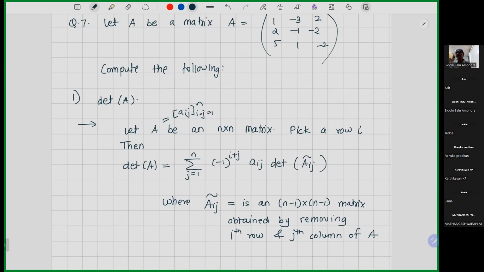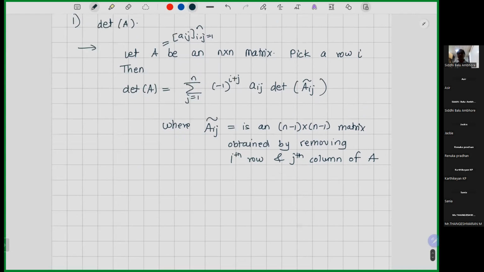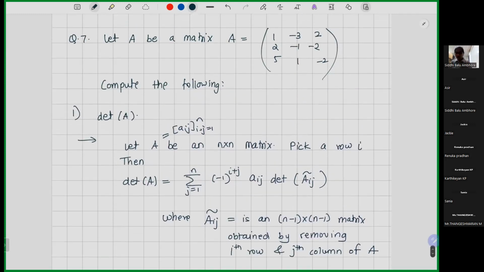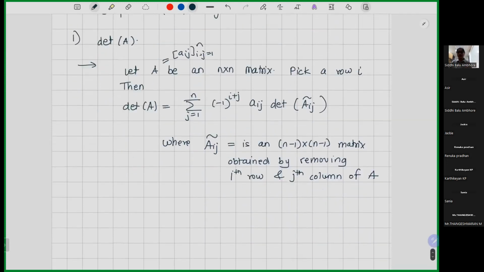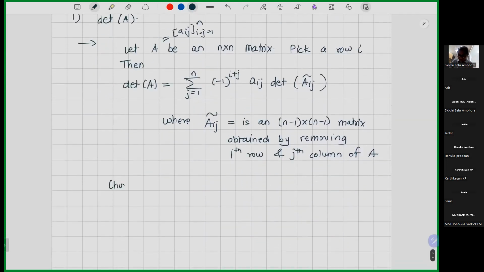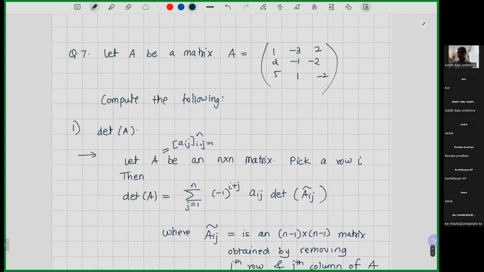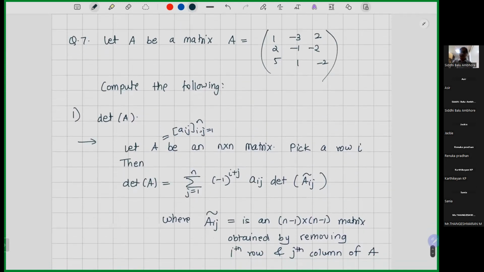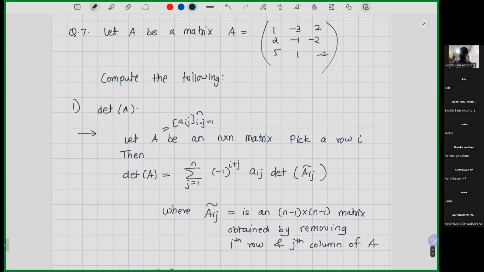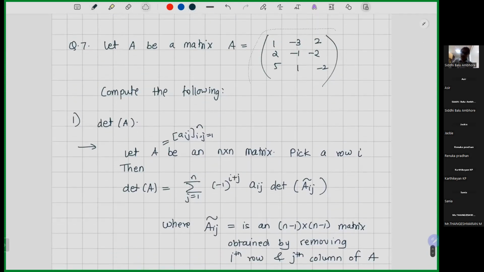We can start with any row and calculate the determinant of the matrix. So just to get hold of this definition, we choose our i to be 2 and calculate the determinant of this matrix. Let me copy this matrix A.